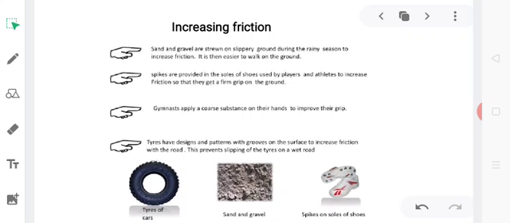Proper threading of the tires also increases the force of friction between the tires and the road. Spikes are provided in the soles of shoes used by players and athletes to increase friction so that they get a firm grip on the ground. Gymnasts apply a coat of substance on their hands, for example chalk powder, to improve their grip.